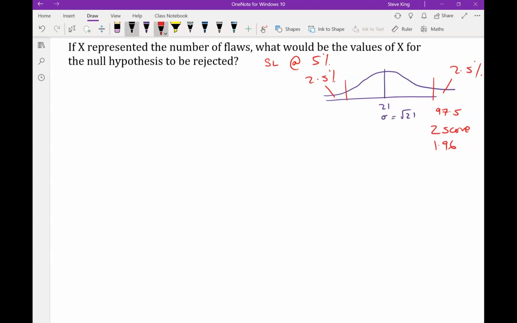So if we want to figure out our confidence interval, it is going to be given by our mean, which is 21, plus or minus 1.96 times the standard deviation, divided by the square root of 21.